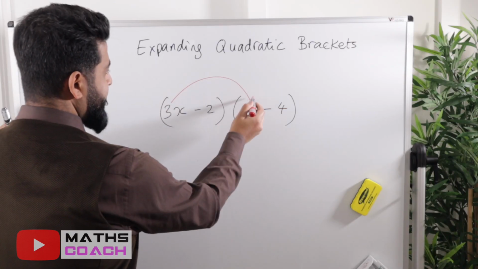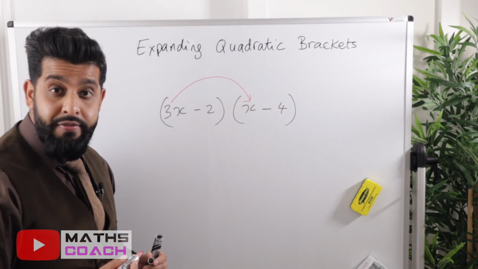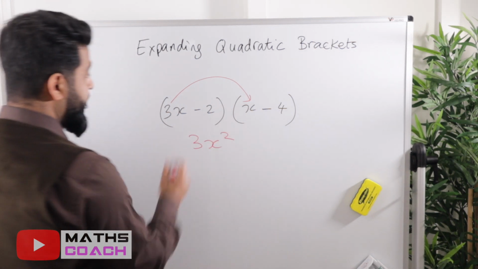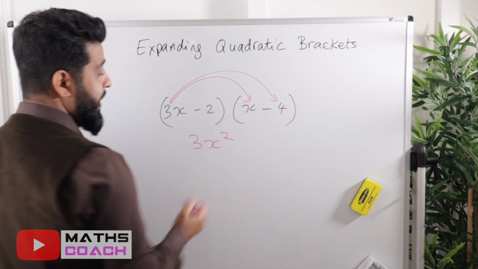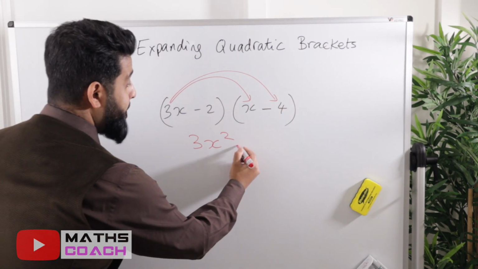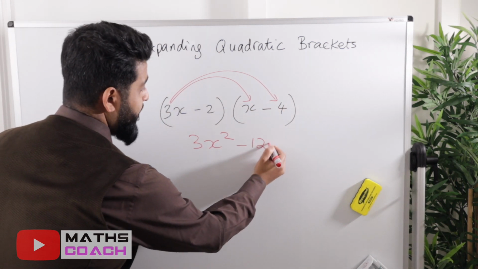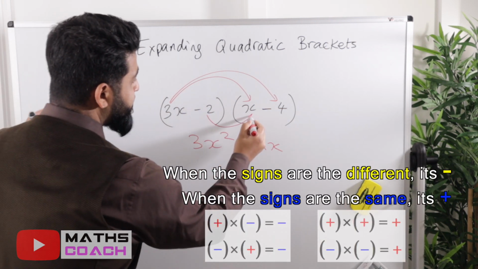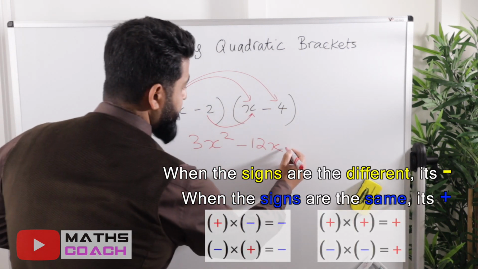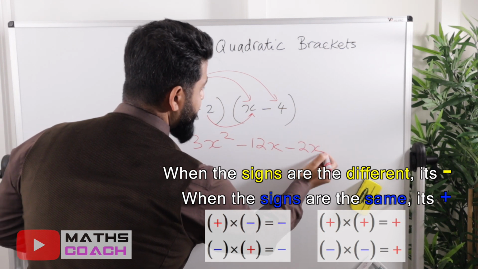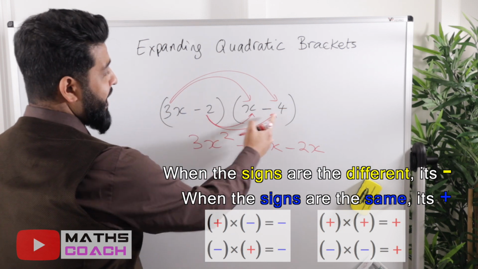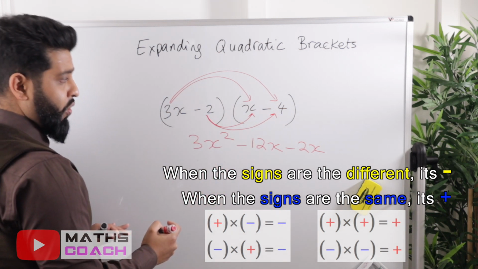So 3x times x gives us 3x squared. 3x times minus 4 gives us minus 12x, and then we've got minus 2 times x here, which gives us minus 2x, and finally we've got minus 2 times minus 4.